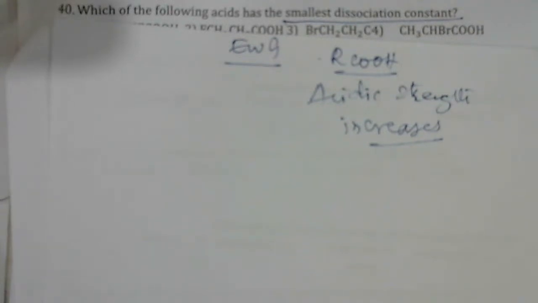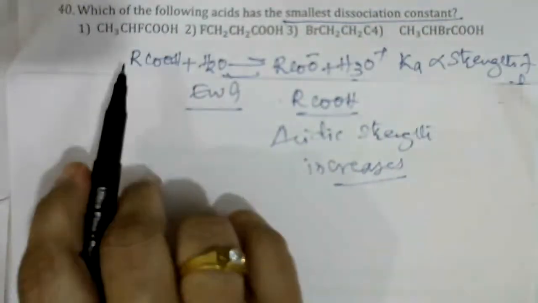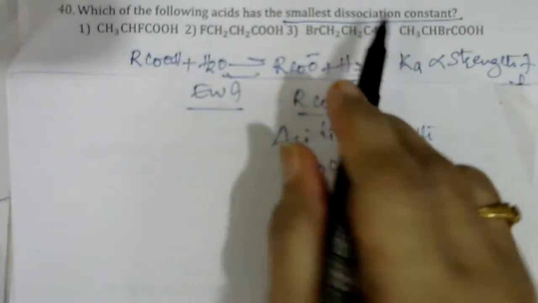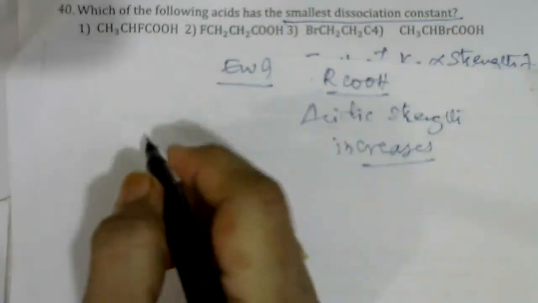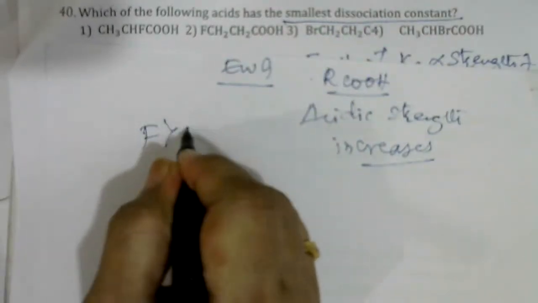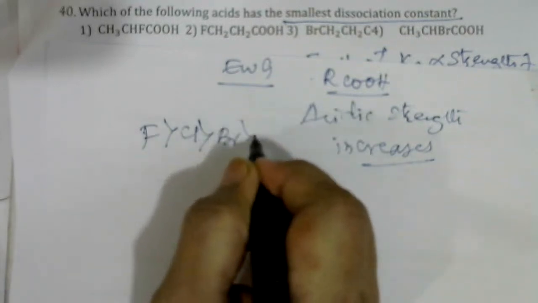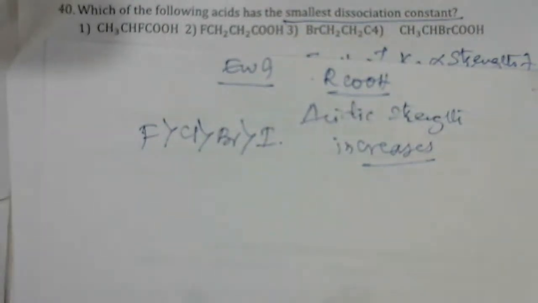So in the options, fluoro group and bromo group are there. The most electron withdrawing group is fluoro, then chloro, then bromo, then iodine. So it means that fluorocarboxylic acid will be a strong acid.